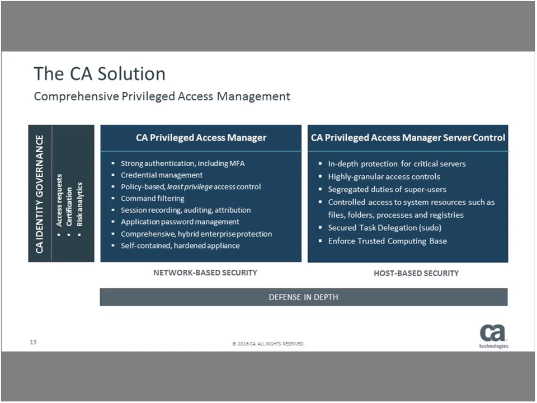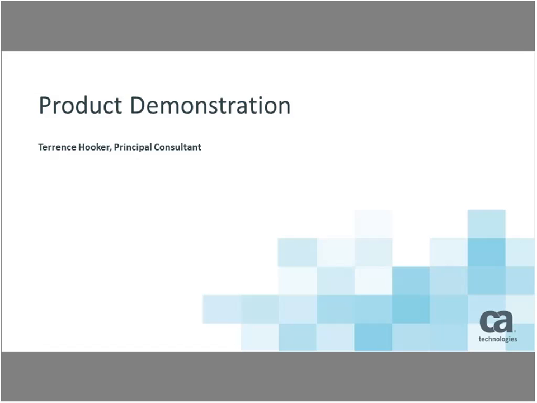And for those really high-risk, high-value servers that maybe you'd be concerned about a direct attack against those servers, Privileged Access Manager Server Control provides mainframe-strength, mainframe-style controls for Unix, Linux, and Windows that can defend those servers in kind of a bulletproof way. So this is a complementary defense-in-depth approach that also works in concert with other technologies offered by CA, such as strong authentication and identity and access management and governance.